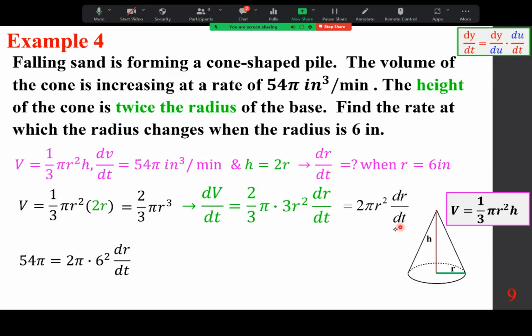So let's replace the dV dt by its value 54 pi. Let's replace the r by its value 6. And as you can see, this is 36 times 2 pi, which gives us 72 pi dr dt. We are going to divide both sides by 72 pi.